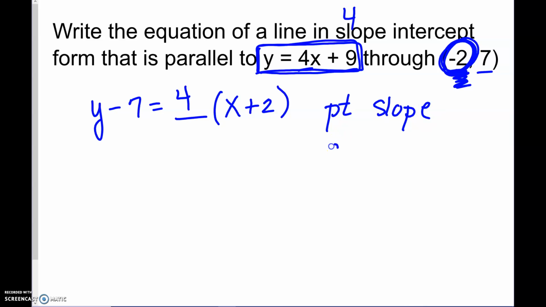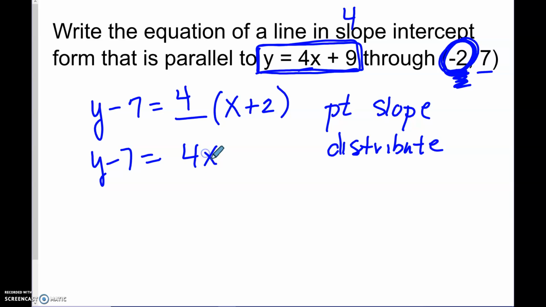So we can do that by first distributing. Okay, so when we distribute here, we get 4 times x is 4x. And now what number is going to go after that? And we're going to go 4 times 2 and get 8.